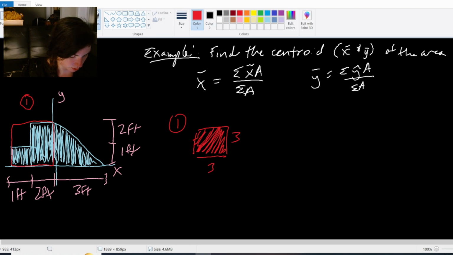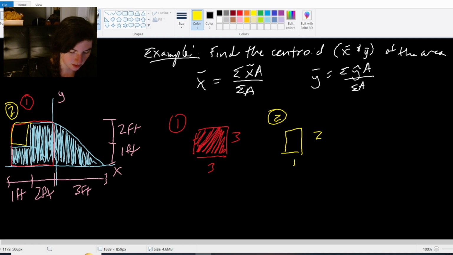My shape number 2, I will go ahead and have as the void. So this will be subtracted out. Shape 2 is the 2 by 1 void. And then finally, my shape 3, I'm going to do just the full triangle. Not have any more voids in here.